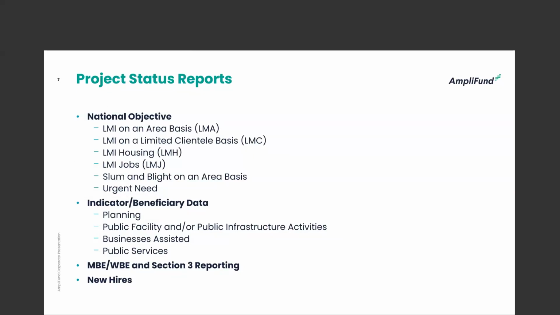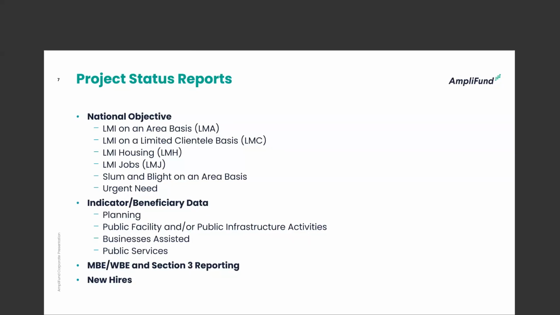So we'll have different national objective forms that we need to complete: LMI on an area basis, unlimited clientele basis, housing, jobs, slum and blight on an area basis, urgent need. In addition, we'll be looking at specific indicator and beneficiary data forms. So for planning, for public facility, for public infrastructure activities, businesses assisted, and public services.